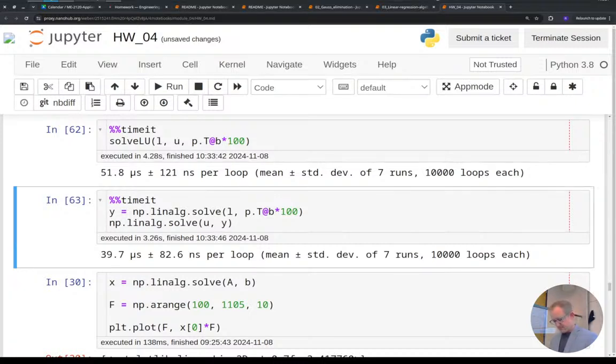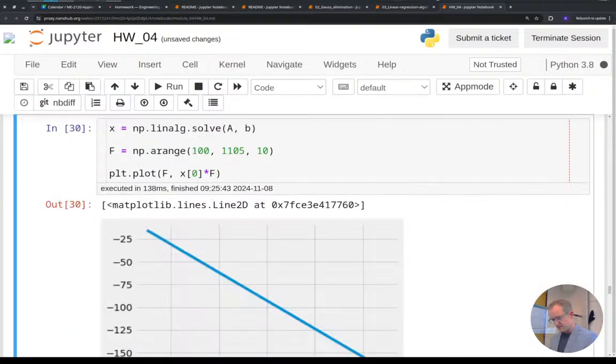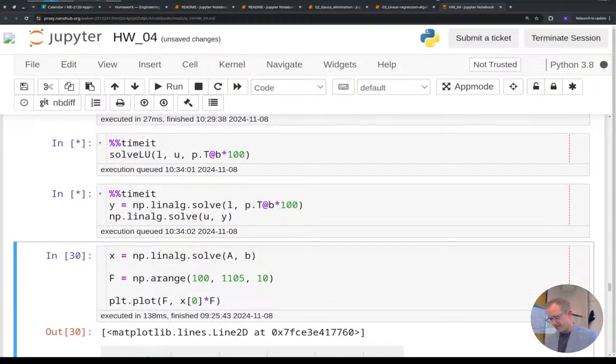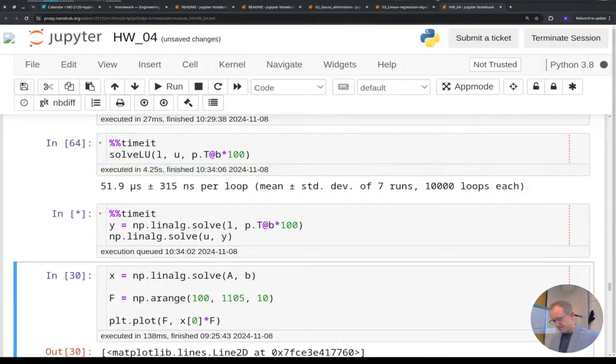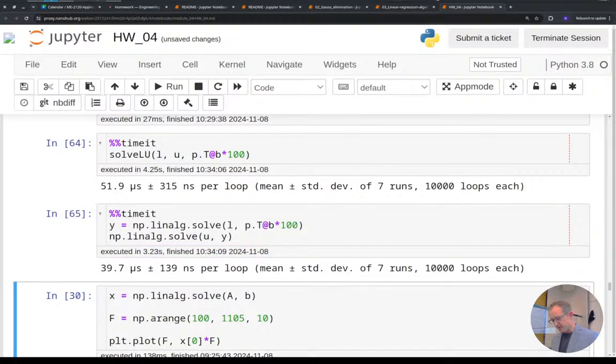But is it always faster? Yeah, always a little faster. I think because the solve method uses C++ functions to run through the for loops rather than having Python.